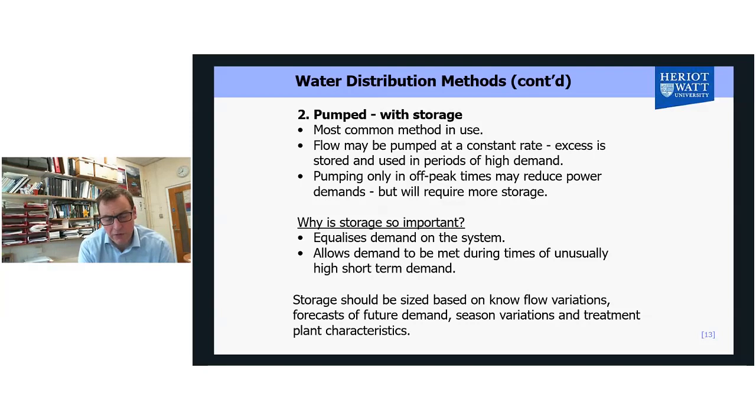You can even pump only at off-peak times, filling your storage tanks and distribution reservoirs overnight, allowing them to draw down during the day, then filling them up overnight again. So it helps equalise demand on the system, and it also allows demand to be met at times of unusually high short-term demand. That goes back to the fire tender situation I talked about at the start.